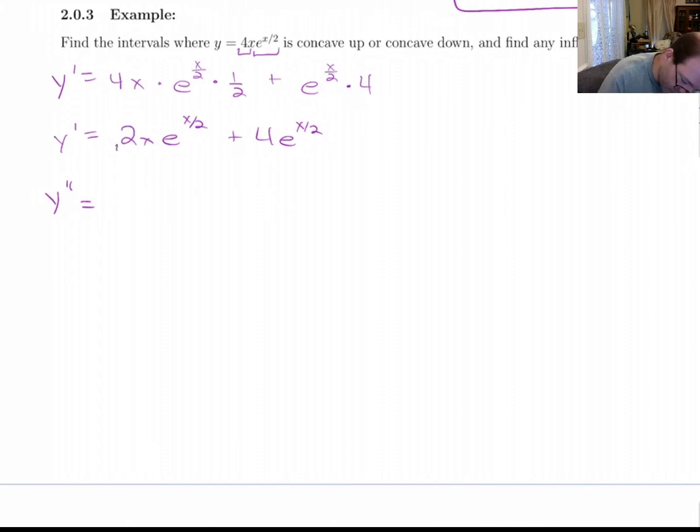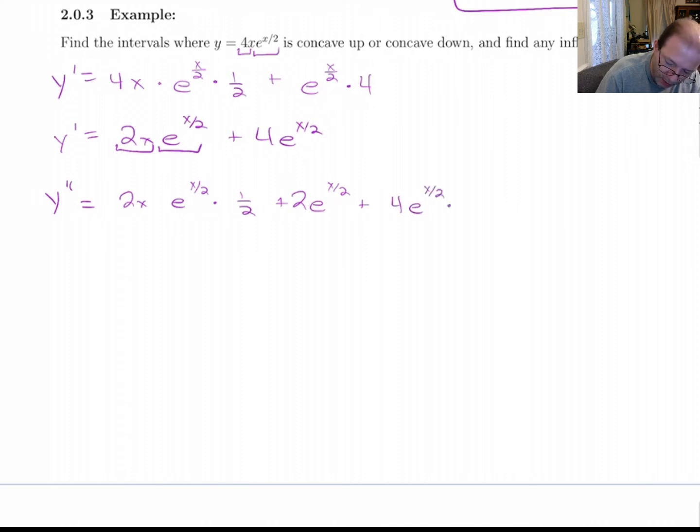Got to use the product rule again on this bit. So you get first times derivative of the second, and chain rule again, plus second times derivative of the first, which is 2. Then over here you get 4e to the x over 2, and chain rule, got to multiply by 1/2.